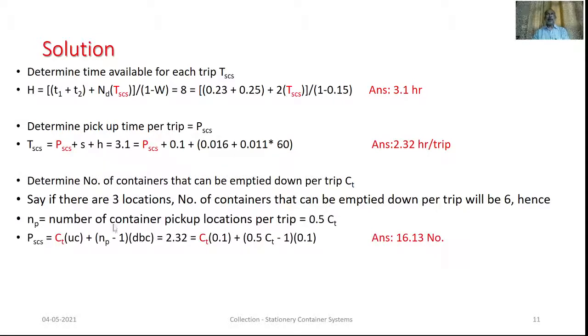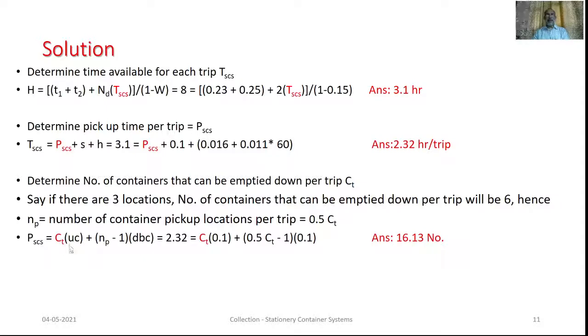Hence, NP, which is the number of container pickup locations per trip, can be expressed in terms of CT as we thought of this logic. NP would be 0.5 CT.